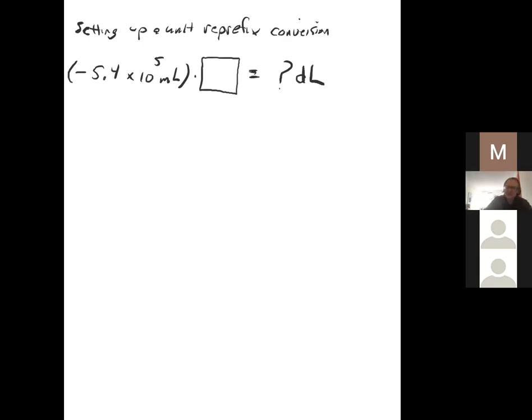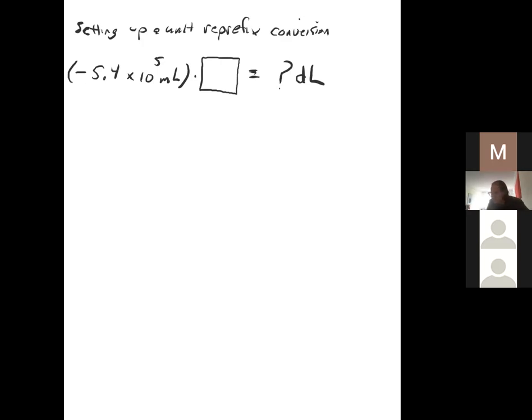Very similar to the one I just did, they want you to figure out what our conversion is going to be. Even though this is a kind of tedious conversion, it turns out it's a useful one, because the conversion between milliliters and deciliters is something people actually end up having to do. In the medical field, concentrations are often given in grams per deciliter.